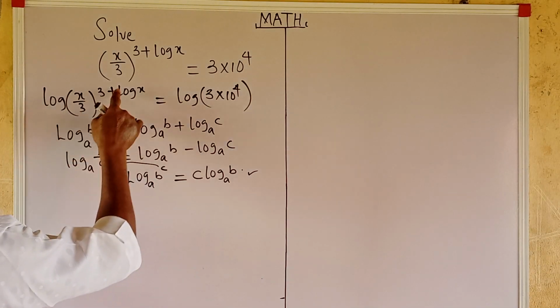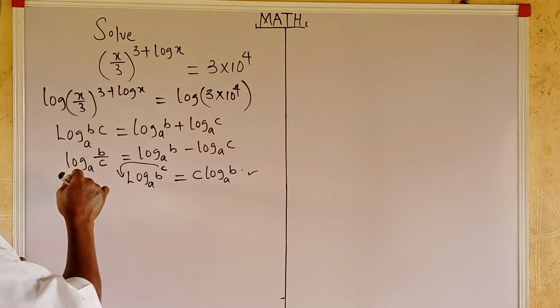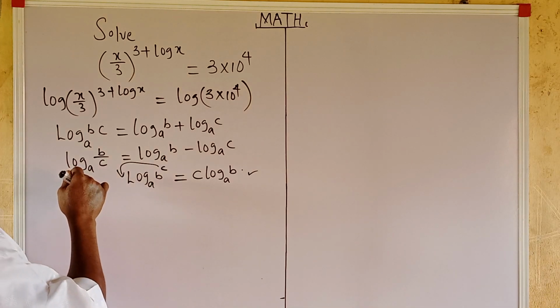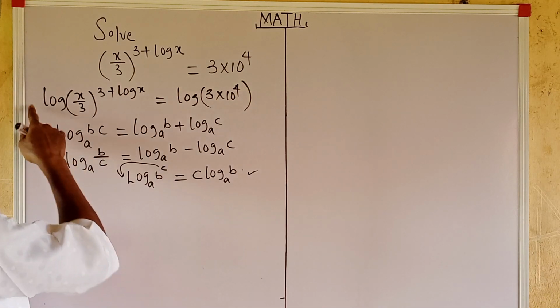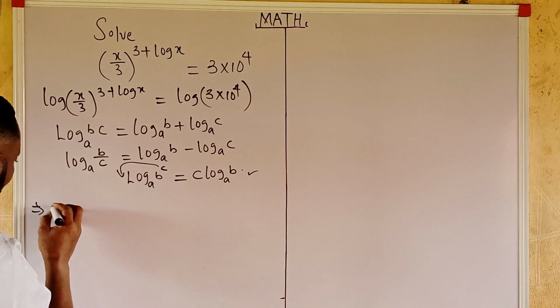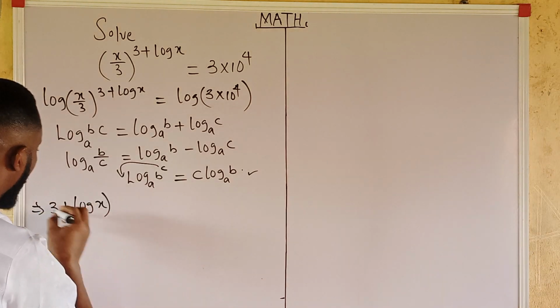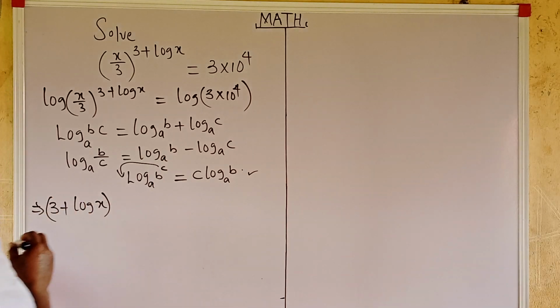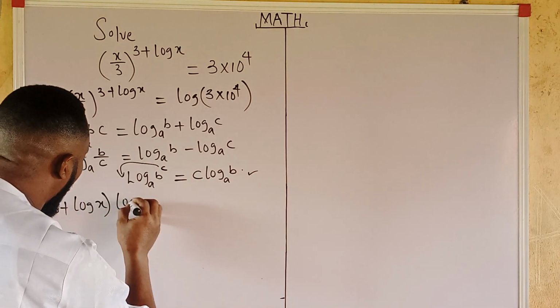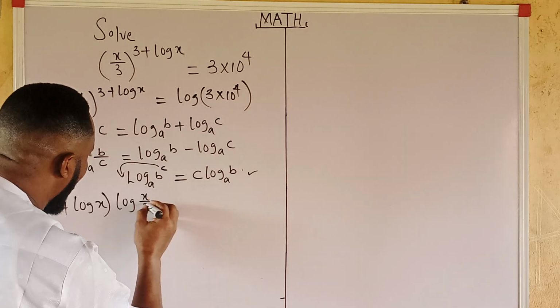If I use the power rule, it means that the exponent here, 3 plus log of the argument x, is going to come to the front. I'll write this: implies 3 plus log of x, which is log to the base 10 of x, then log of the argument x upon 3.